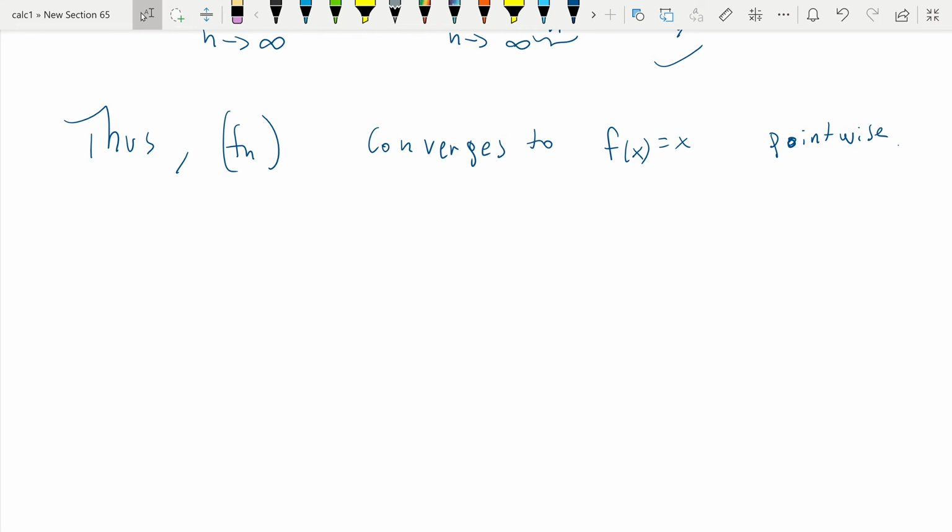If you just use pointwise convergence, then no. But if the convergence is uniform, then in fact yes. So that's what we introduce now, uniform convergence.